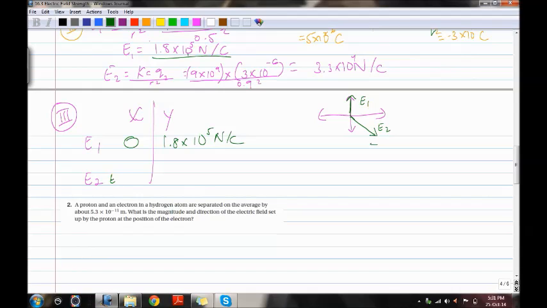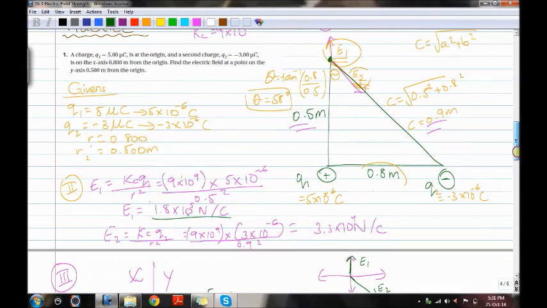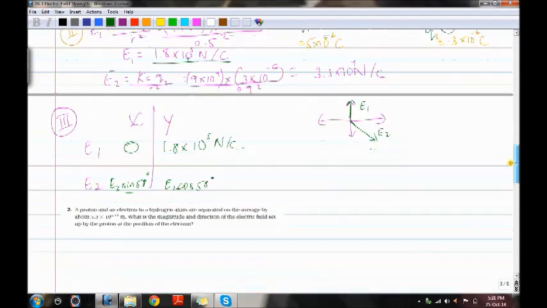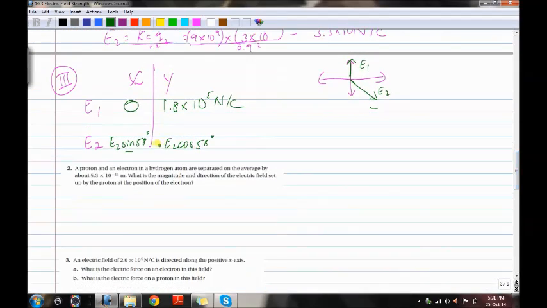So here it would be E2 sine 58 degrees, and here it would be E2 cosine 58 degrees, from the theta that we have found before, and here it would be negative. So the answer would be negative 1.74 times 10 to the power 4 Newton per coulomb, and here 2.8 times 10 to the power 4 Newton per coulomb.